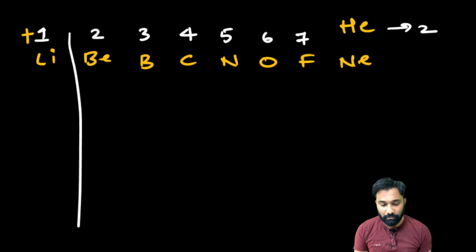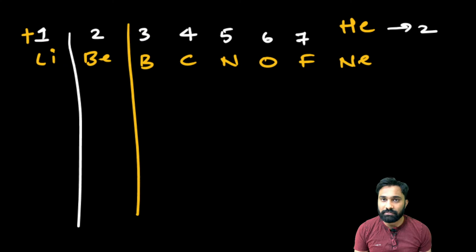Now next, beryllium. When it comes to the alkaline earth metals, beryllium to reach the helium electronic configuration, the duplet configuration, should readily lose 2 electrons.